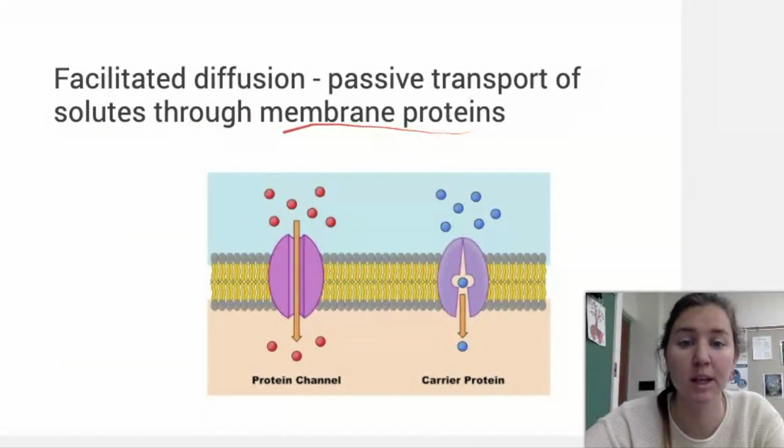So remember when we labeled those membrane proteins, some of those let little particles diffuse through them. So these would be things that are too big or can't get through the membrane through simple diffusion, so they have to go through these membrane proteins.